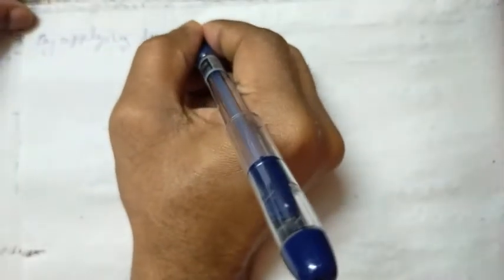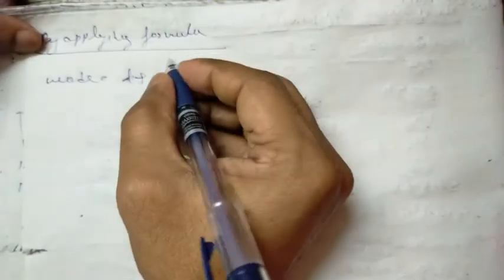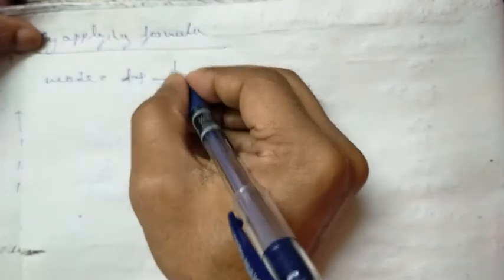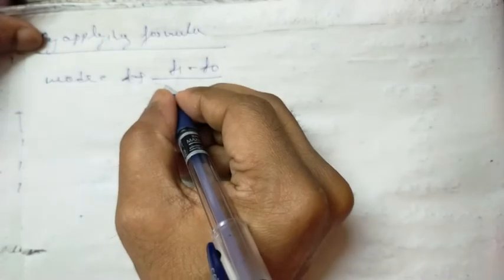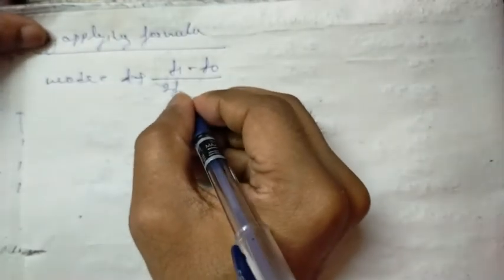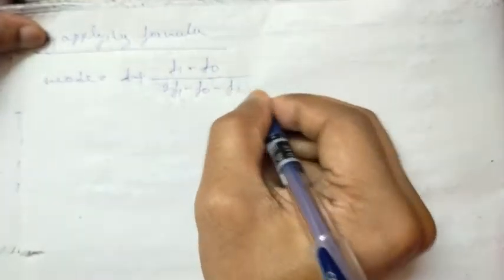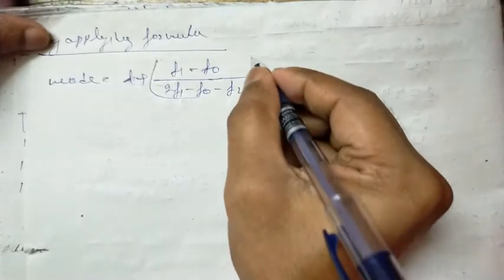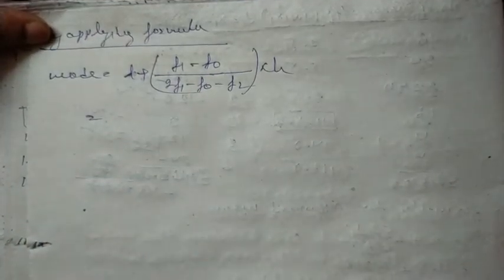now we'll apply the formula over here. By applying the formula, mode is equal to L plus F1 minus F0 divided by 2F1 minus F0 minus F2, okay, into H. What is our L?